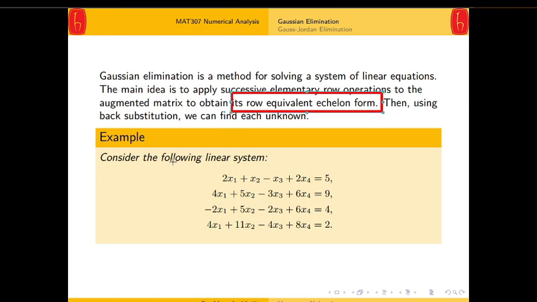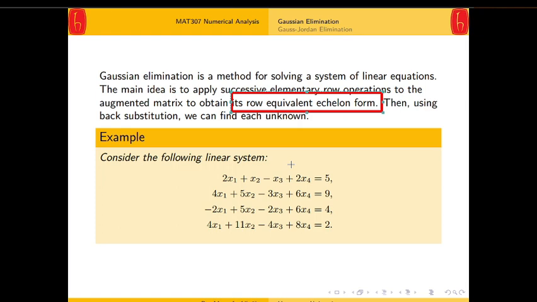So Gaussian elimination is an approach to solve system of linear equations. Doing that will basically employ elementary row operations successively, and then we will obtain row equivalent echelon form to the original augmented matrix.